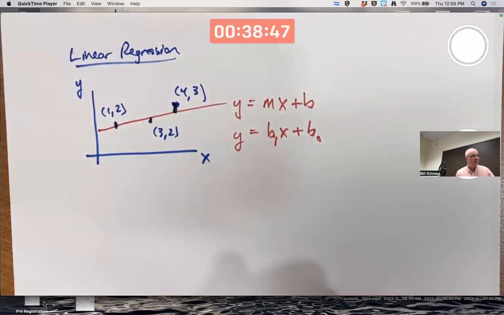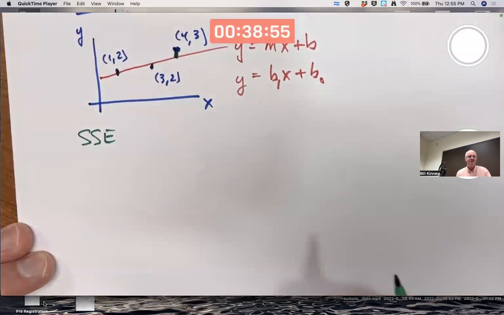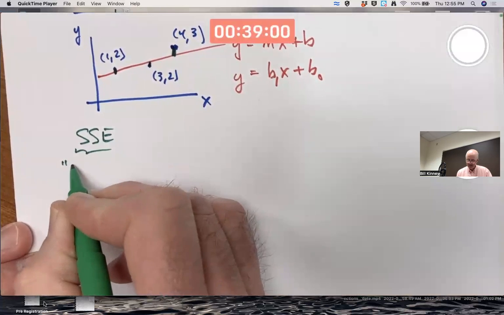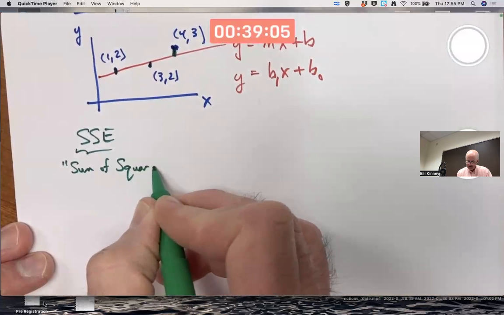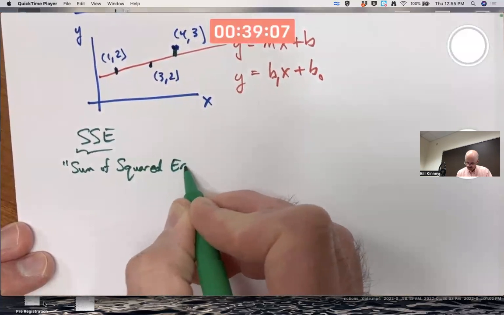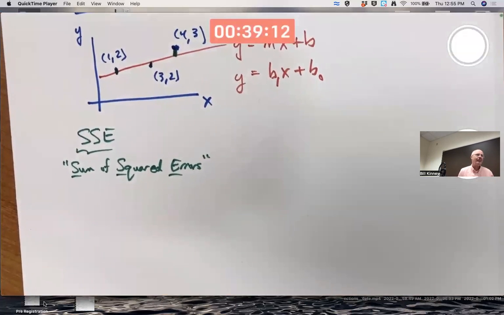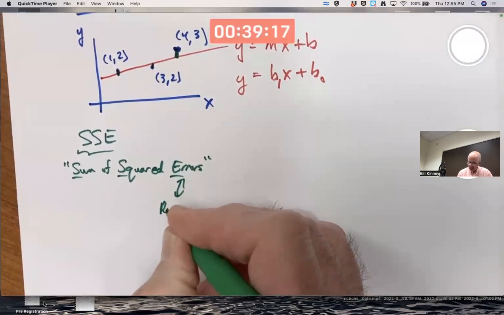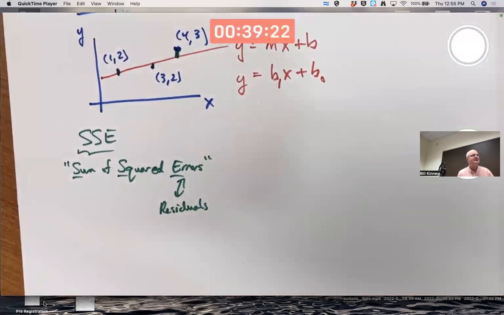And then you add those up. You call that quantity SSE. SSE stands for sum of squared errors. Errors is synonymous with residuals in statistics in this context.